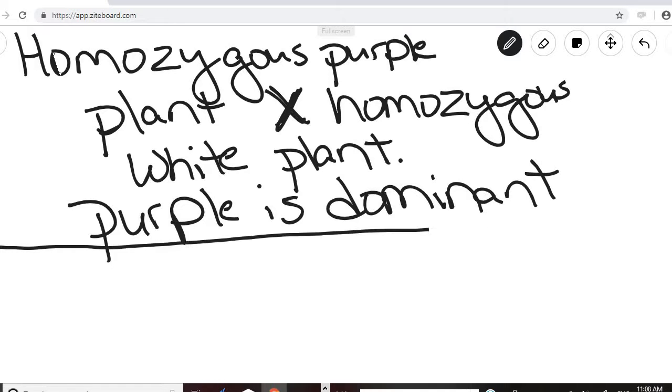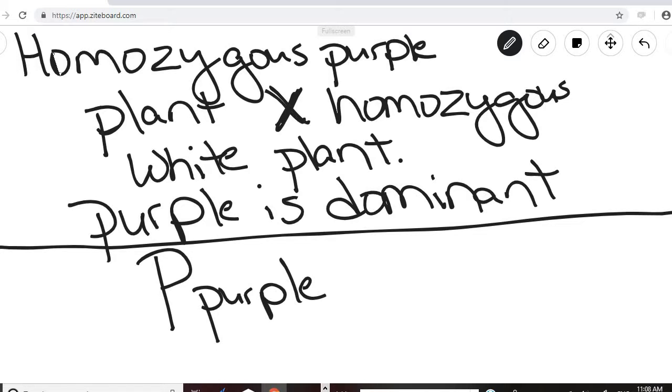With that information, let's look at what the two parents would look like, and then we'll draw a Punnett square so that we can see what the offspring would look like. So homozygous purple. We're going to use the letter P, and since purple is dominant, we're going to use a capital P for purple, and therefore lowercase p would be white.